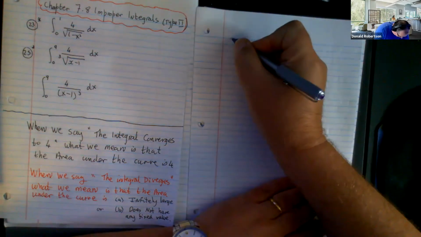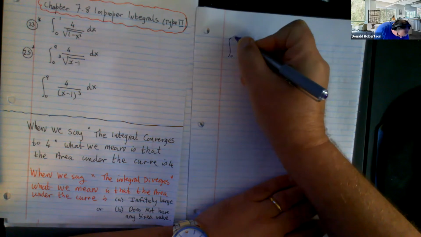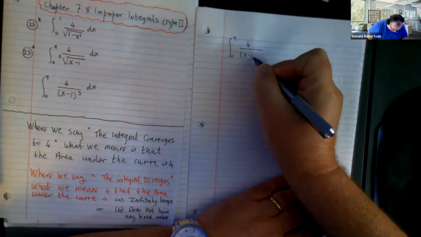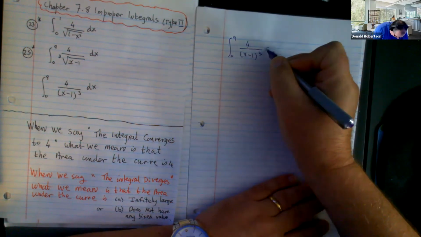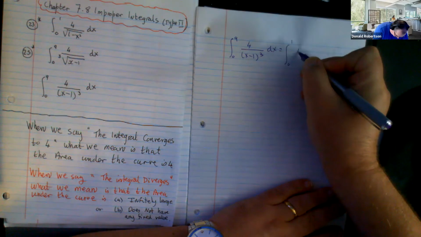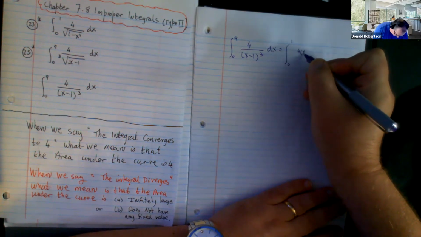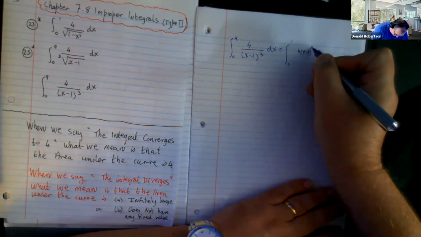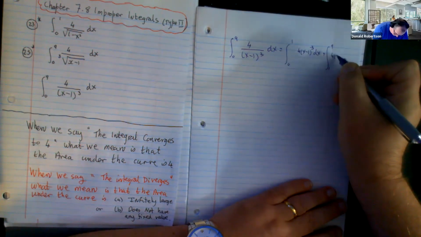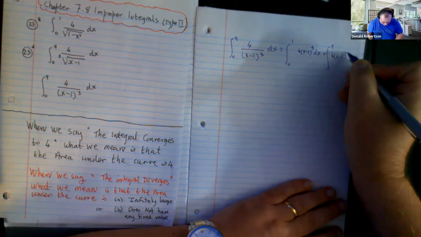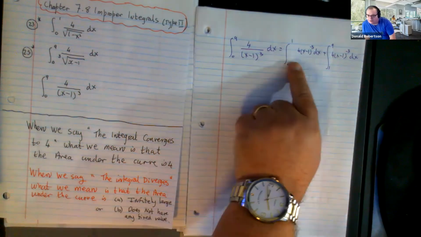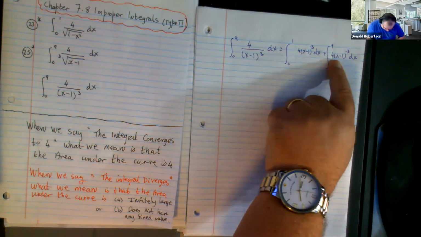I'm not going to do this one entirely either, but there's a different reason for that one. So it's going to be from 0 to 1. Call it a negative power. And from 1 to 9, call it a negative power. So 1 is the problem. Convert this to a negative power to make it easier to integrate.